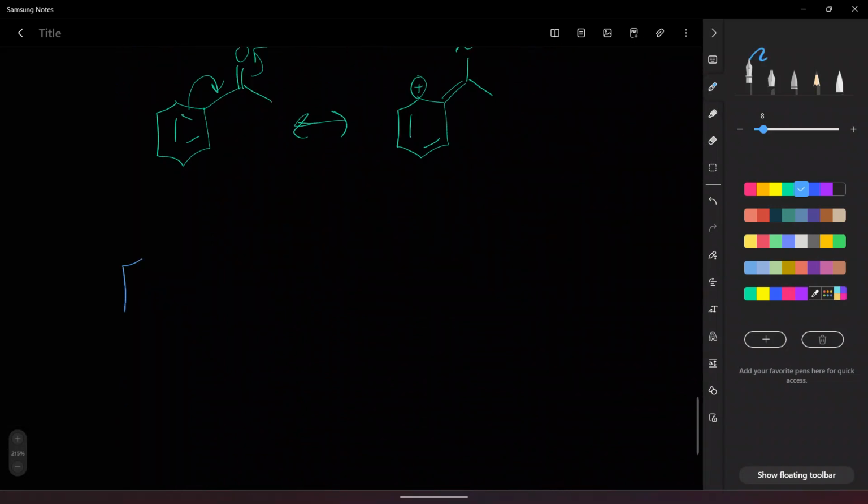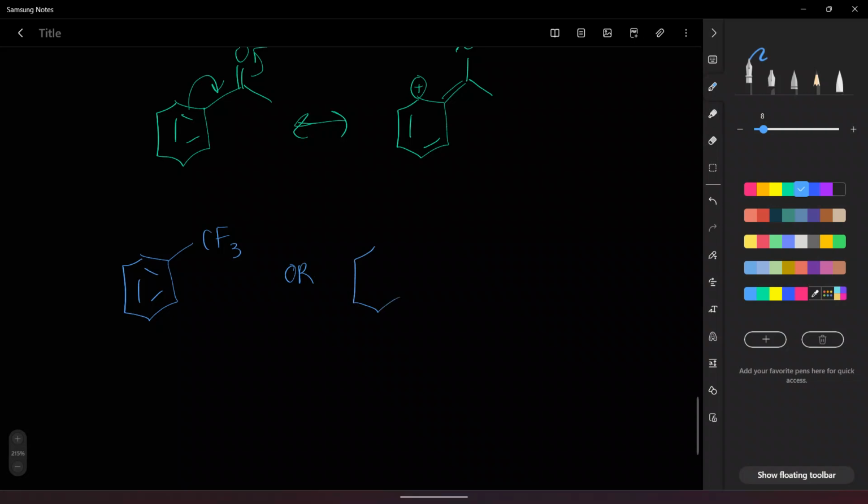So examples of things that pull electron density out of the ring just because they're very electronegative would be if you have a CF3, because fluorine is very, very electronegative.